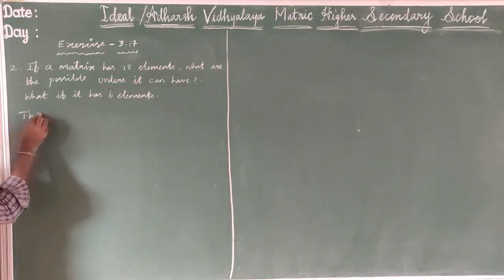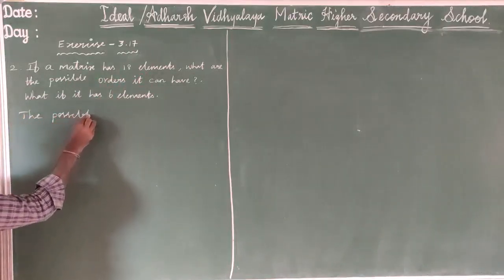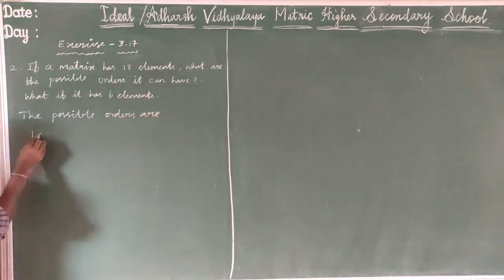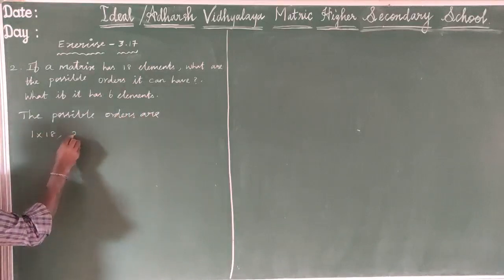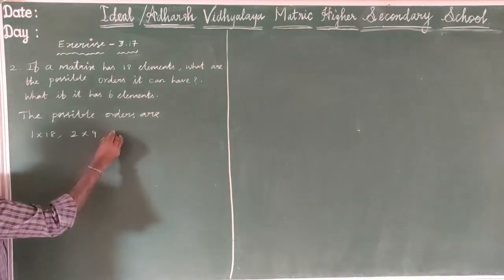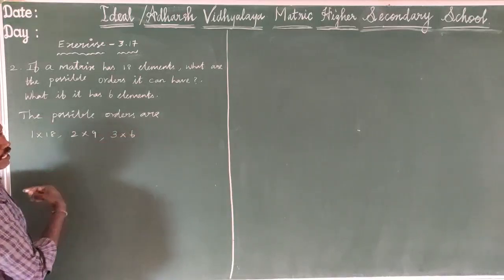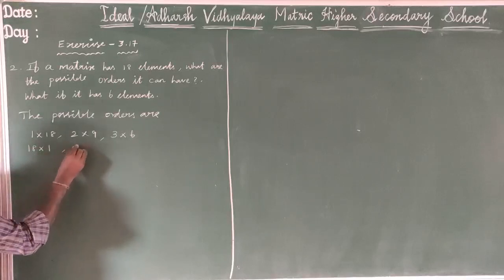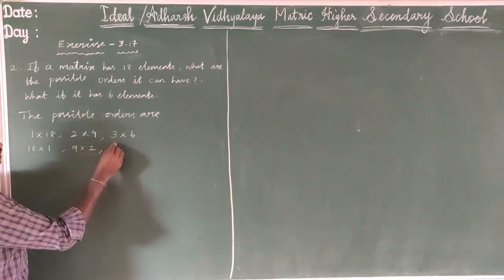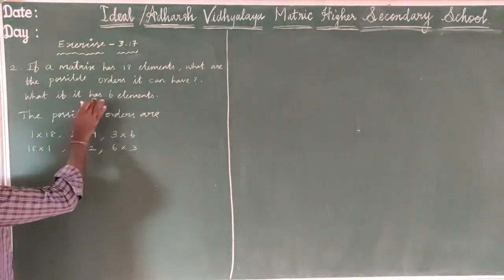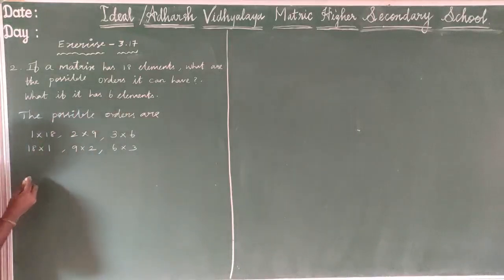The possible orders are 1 by 18, 2 by 9, 1 row 18 columns, 2 rows 9 columns, then 3 rows 6 columns, and also 18 rows 1 column, then 9 rows 2 columns, then 6 rows 3 columns.